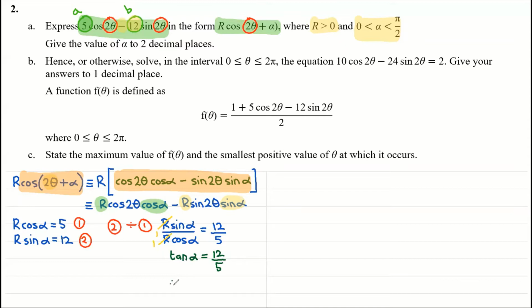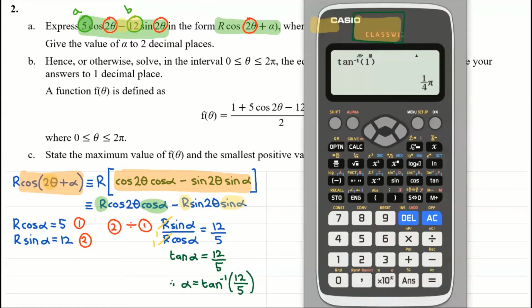So therefore, alpha is going to be the inverse tan of 12 over 5. And you can do this on your calculator. There's no need for a cast diagram or anything like that, because it states plainly here that alpha is an acute angle. So you can get your calculator out. Okay, so inverse tan. We're on radians, of course.